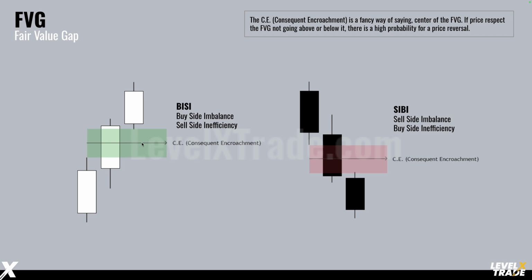The midpoint, the very midpoint from here to here, is the fair value, and the midpoint of the fair value is called consequent encroachment. Basically it's just the centerpiece.